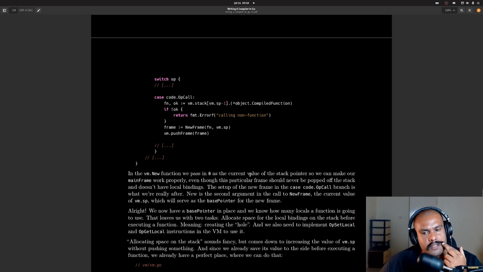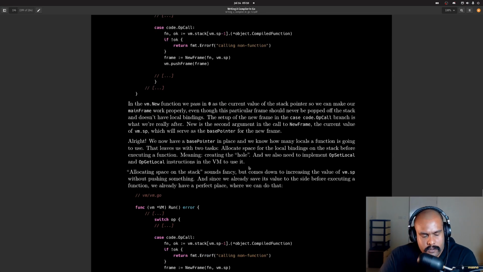Question is why is it called a hole? Because when we see the opcode for a function call. Ah, gotcha.